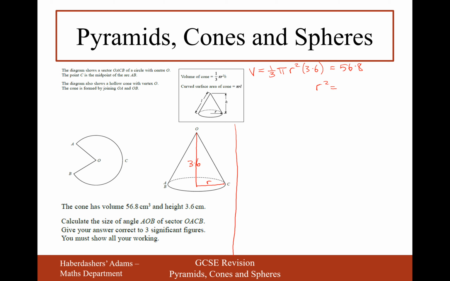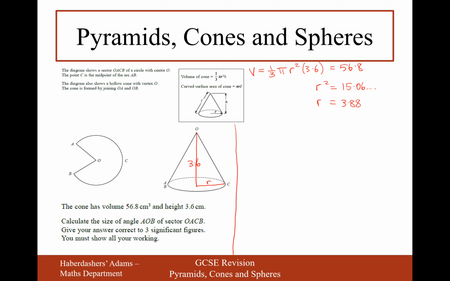So 56.8 divided by pi, times it by 3 to get rid of the third, and then divide by 3.6 to get rid of the 3.6, and I get 15.06. So therefore for my r value, I'll square root my answer, which gives me 3.88.